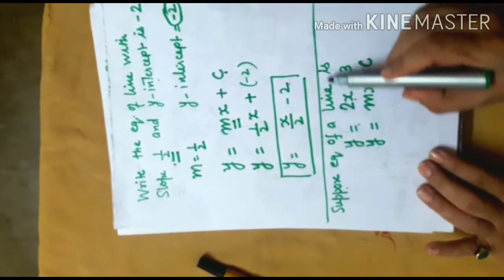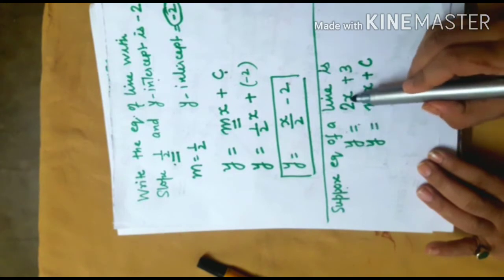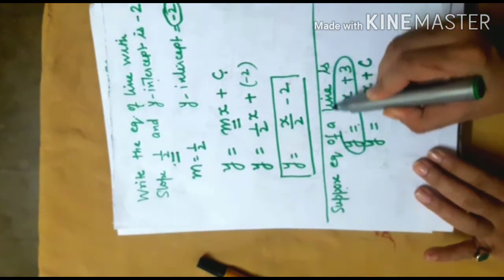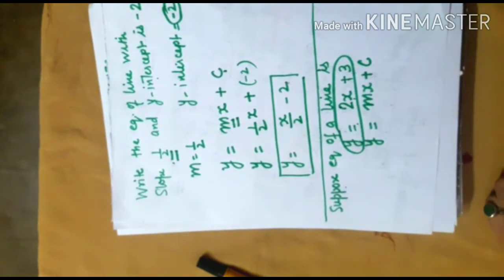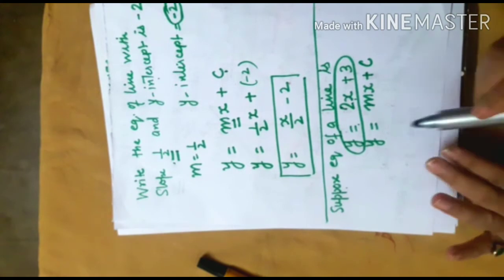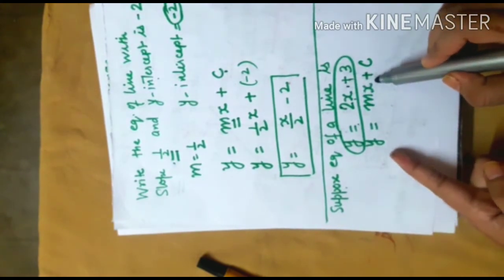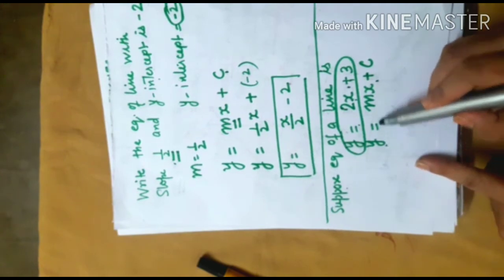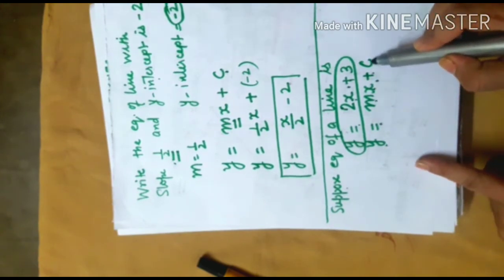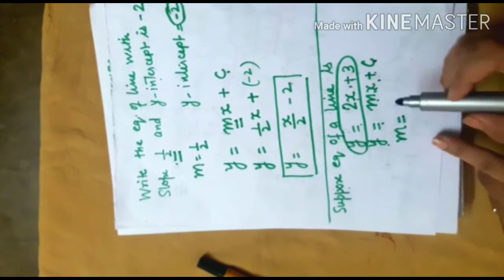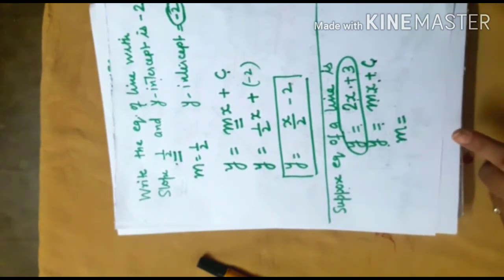Suppose the equation of a line is y equals 2x plus 3. Now if I ask you, what will be the slope of the line? Yes, this equation is of this form: y equals mx plus c, right? Now, if you compare the two, what will be the value of m?